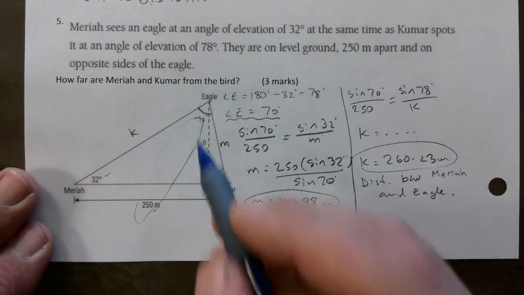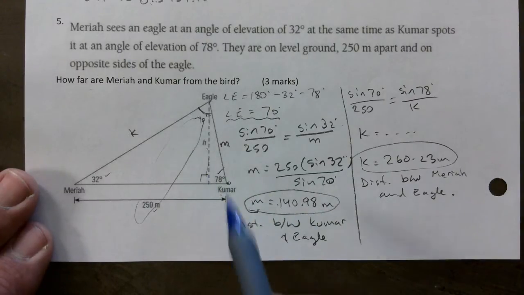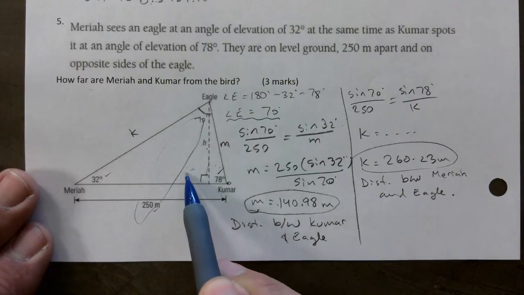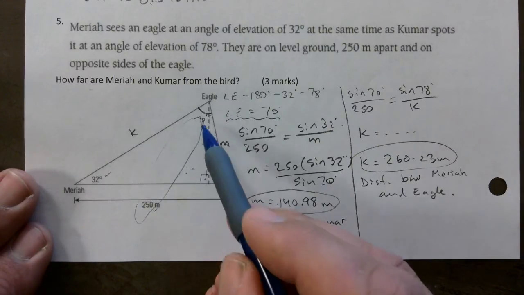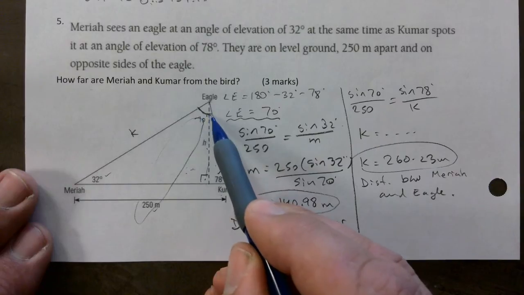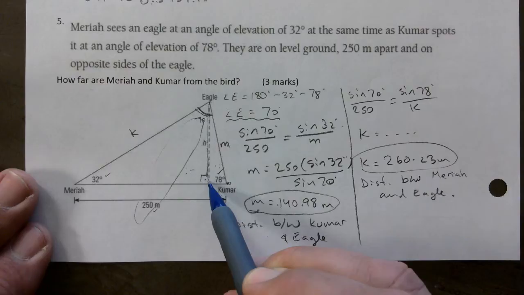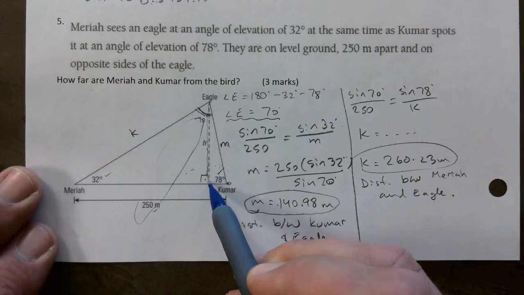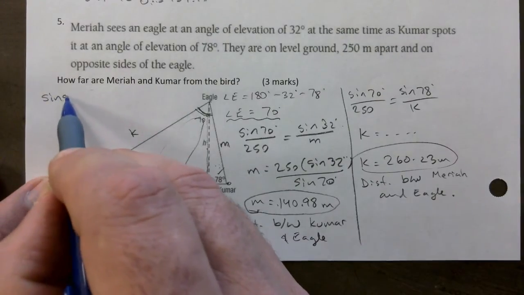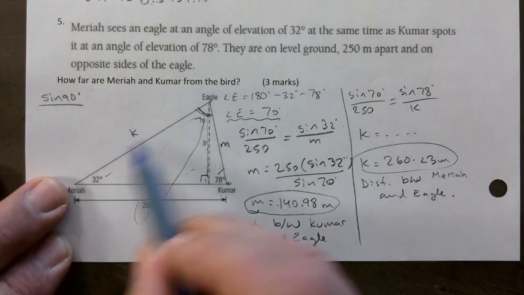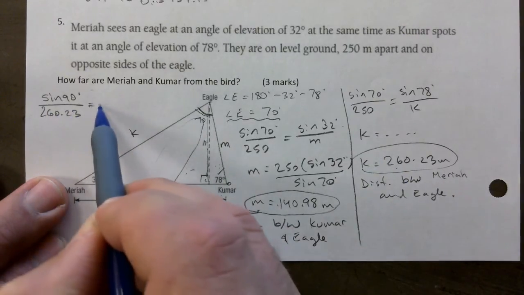So for the H, I'm going to use this triangle here, knowing that there's a right angle there. You could use either one. You just have to pick the right numbers. So with this, you cannot use 70 anymore, because 70 is the whole thing. You're now cutting it here, so it's slightly smaller. Okay, so what I'm going to do here is I'm going to use sine of 90 over this side, which I just found, which is 260.23.